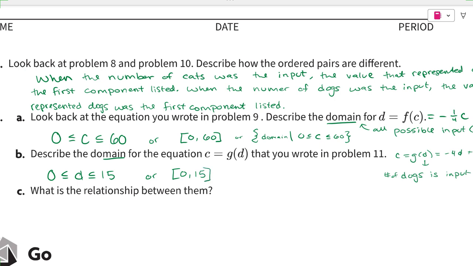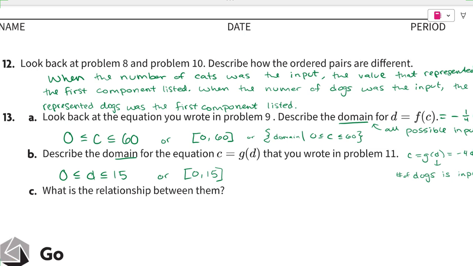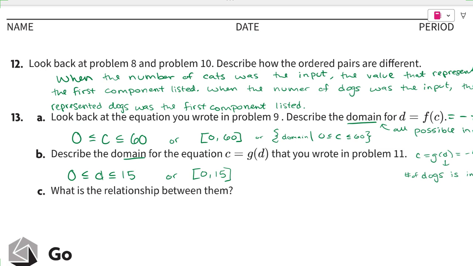Okay, so what is the relationship between them? Well, they're actually the range of each other. So I'll phrase that a little better.